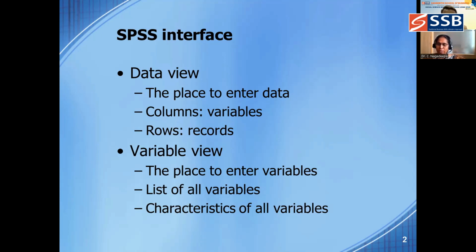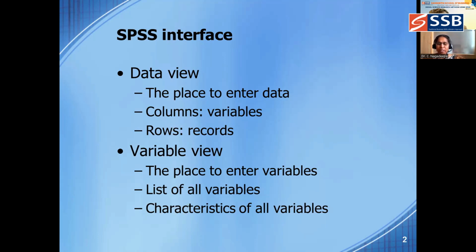Rows are called cases, or data of the respondents. Each row denotes a response: response 1, response 2, response 3, or case 1, case 2, case 3. Columns can be called variables, or items. You can use any one of these words.